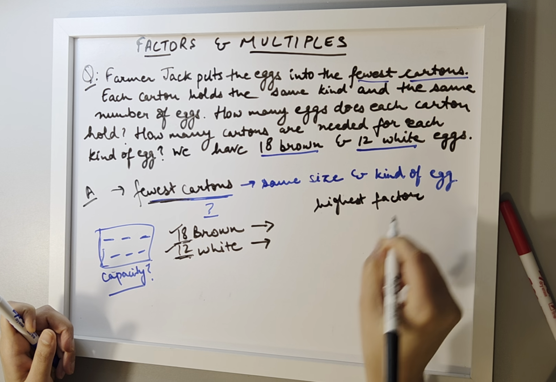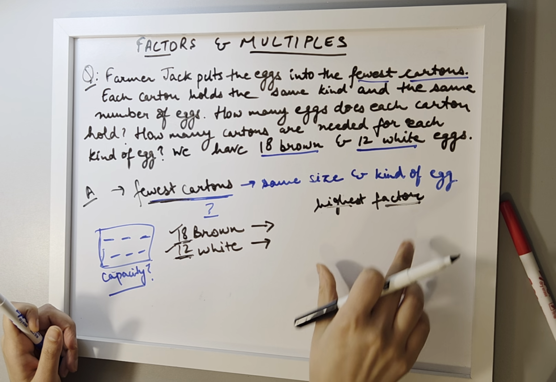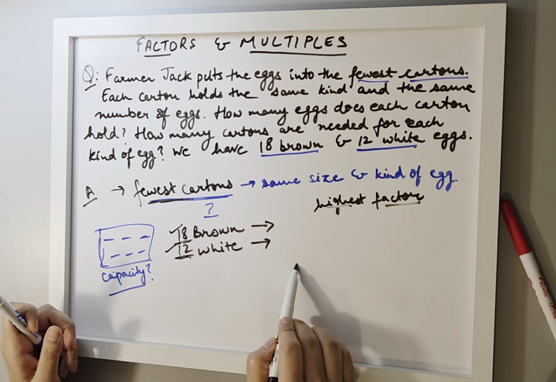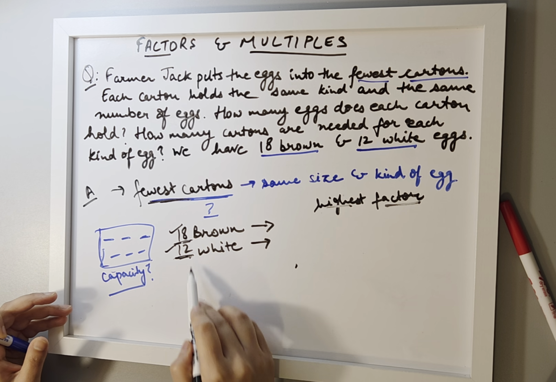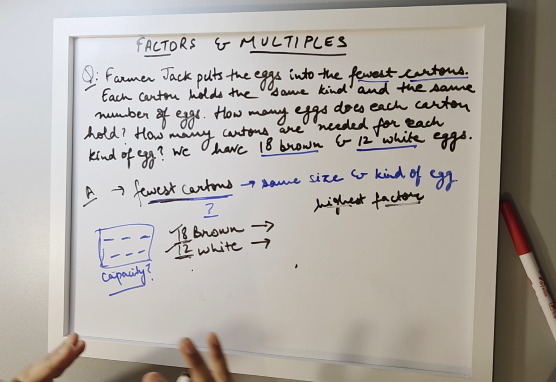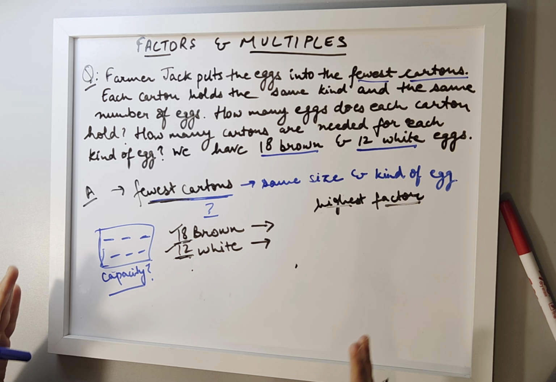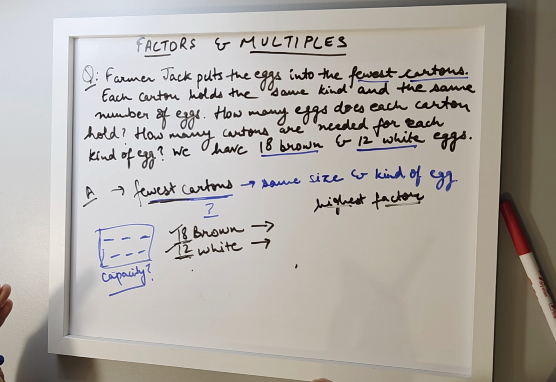If we find the highest factor among these two, we'll get the biggest number which divides both of them, which will help us make the carton as big as possible. So we'll need very few cartons.